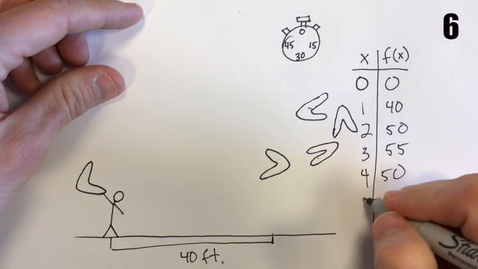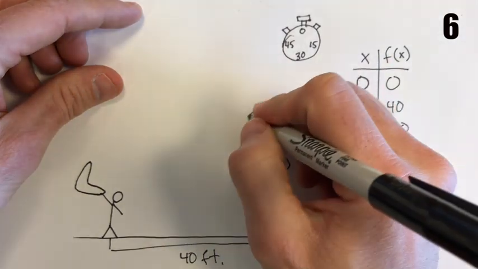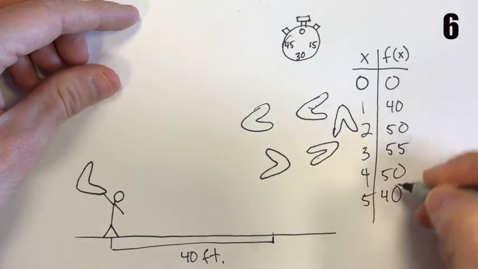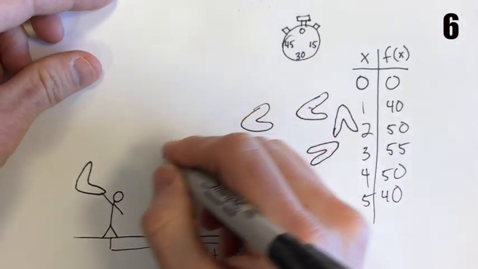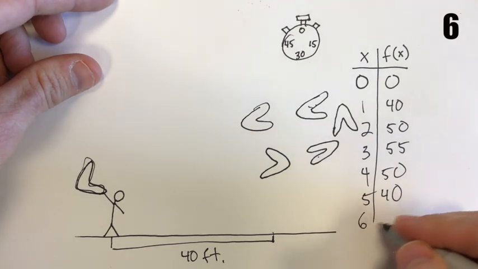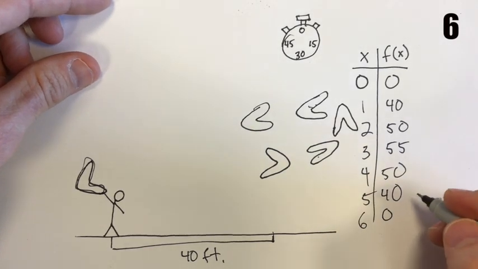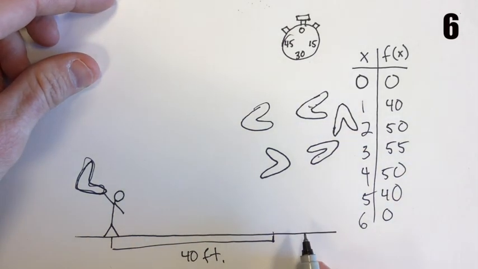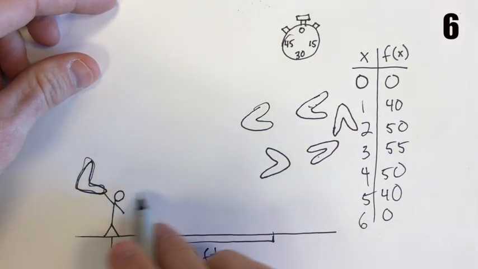And at 5 seconds, it's back to 40 feet, and at 6 seconds, back to his hand, 0 feet. So if x is the time in seconds and f of x is the distance that that boomerang is from the man.